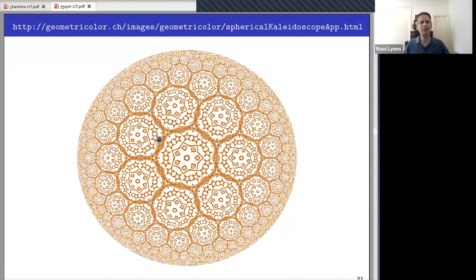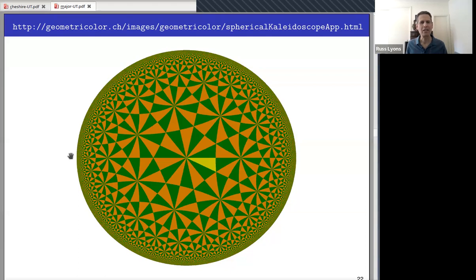So here is an example of something which is very symmetric, and we want to look at the group of symmetries of this. What is this? Well, this came from a reflection group where you take this triangle and reflect it over and over again on all the sides, and this fills out the hyperbolic plane.